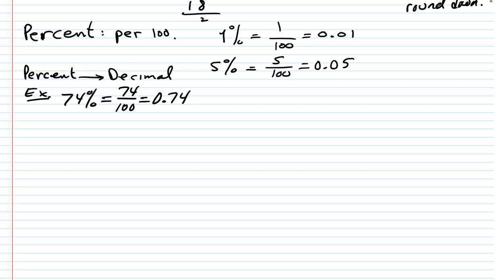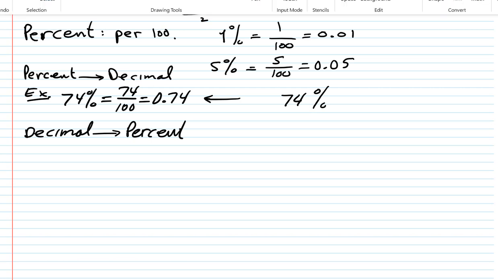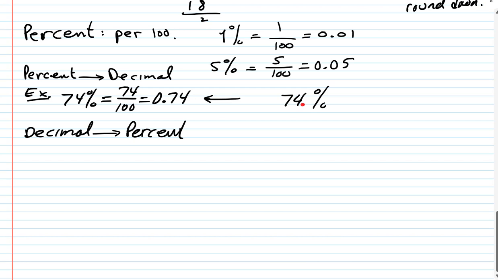Now suppose we want to convert from decimal to percent. Oh, and also before I leave this one, there's another way to do conversion from percent to decimal. If you look at the decimal in the number 74, this is where the decimal is in our place value.